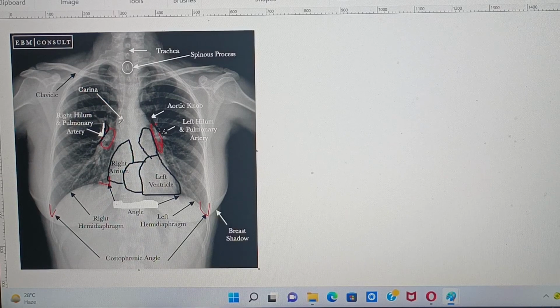The right atrium receives blood from the superior vena cava, from the chest and the head, and the inferior vena cava from the lower part of the body. Then the diaphragm makes two angles. These are the costophrenic angles and the cardiophrenic angles. The costophrenic angle is where the chest wall meets the diaphragm, and where the heart meets the chest wall is the cardiophrenic angle.